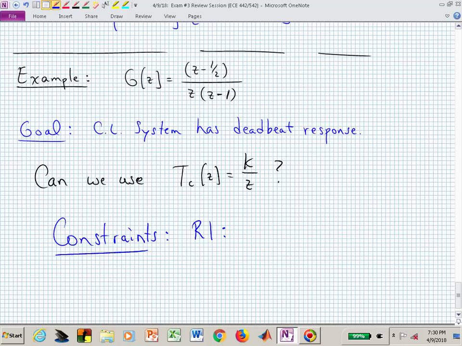The pole zero excess has to be at least the same, if not more, than the pole zero excess of the plant. What's the pole zero excess of the plant? 1. What's the pole zero excess of T sub C of Z? Check. Move on.